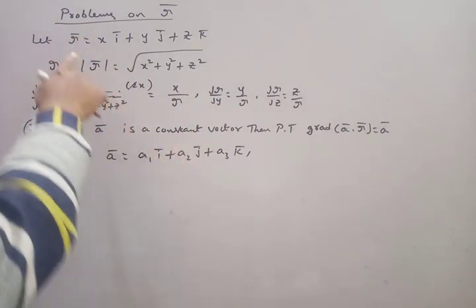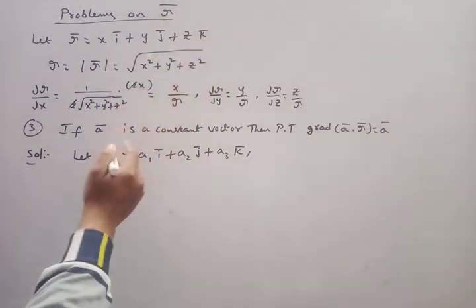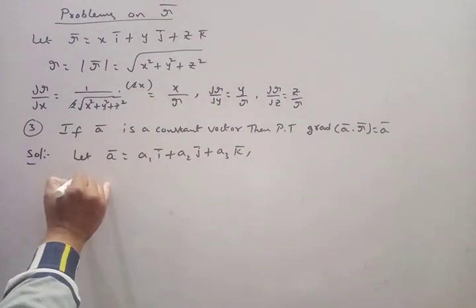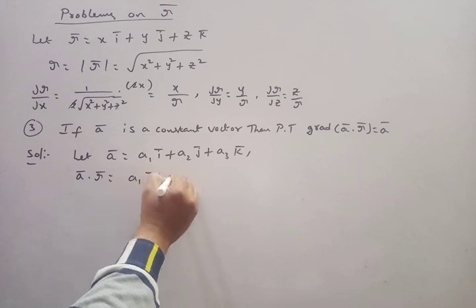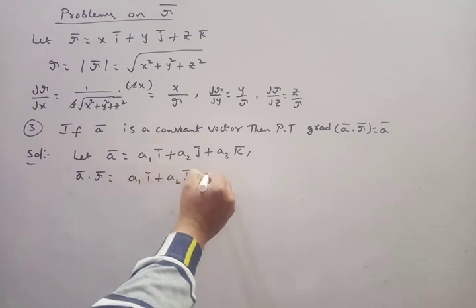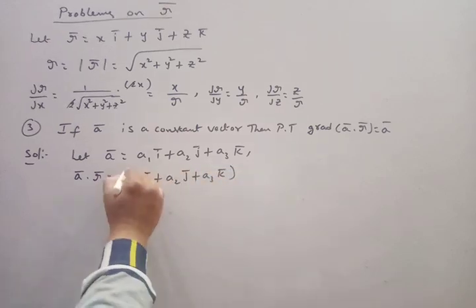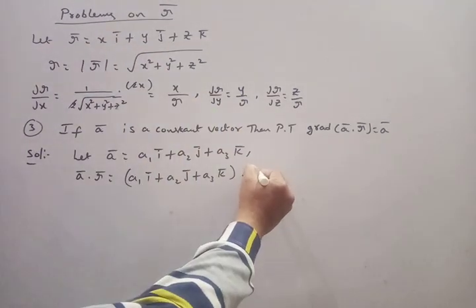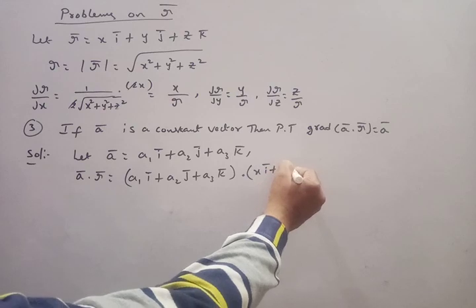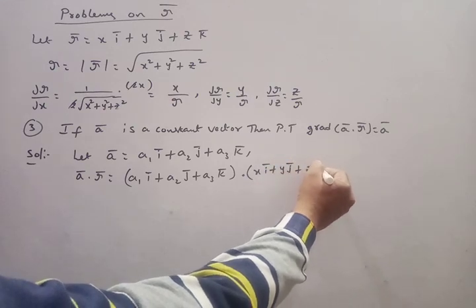R bar is what? Anyhow, x i bar plus y j bar plus z k bar. So first calculate a bar dot r bar. So that means a1 i bar, a2 j bar, a3 k bar, then dot product with r bar. What is r bar? X i bar, y j bar, z k bar.